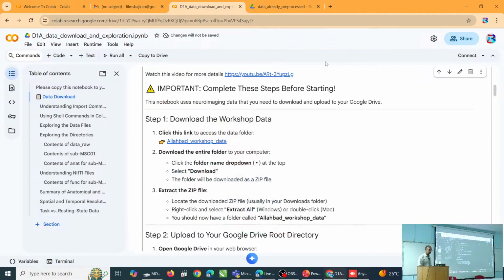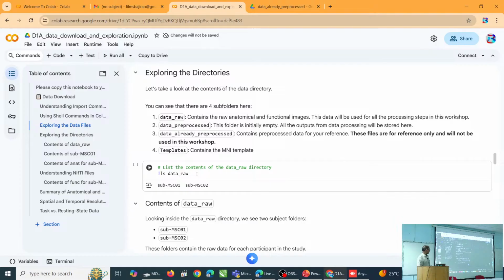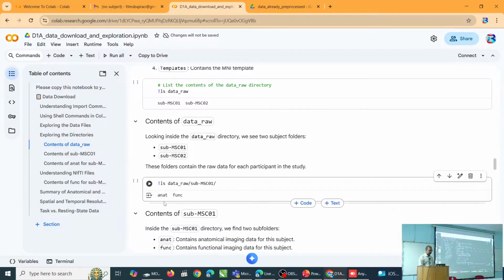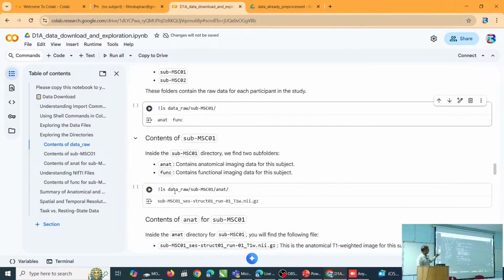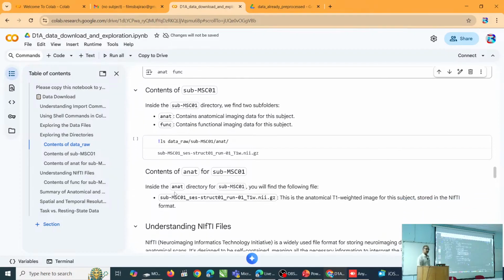So here it tells that the raw data has 2 subjects, MSC01 and MSC02, and if I want to find out what is inside MSC01, I can click and it will tell there are two directories, anat and func. In anat, there is this directory and this file, and in functional, there are all these files.